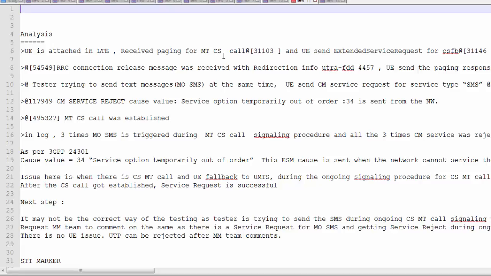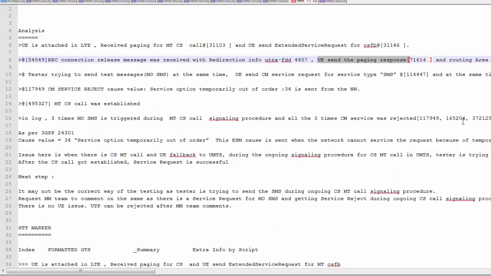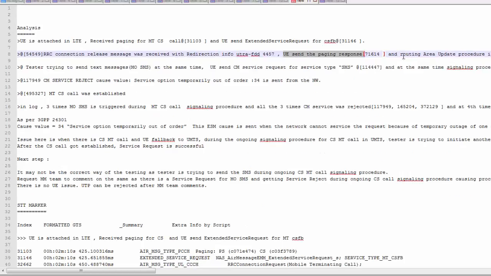The UE sends extended service request for CS fallback. RRC connection release message was received with redirection info to UTRA FDD. The UE sends paging response and routing area update procedure is completed in 3G.